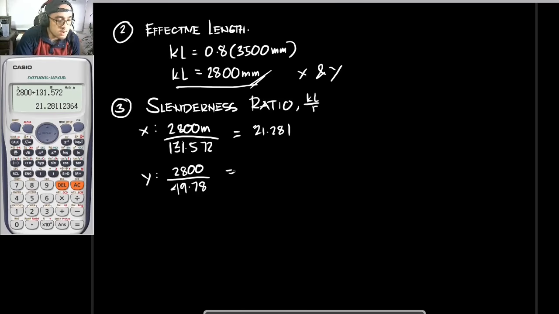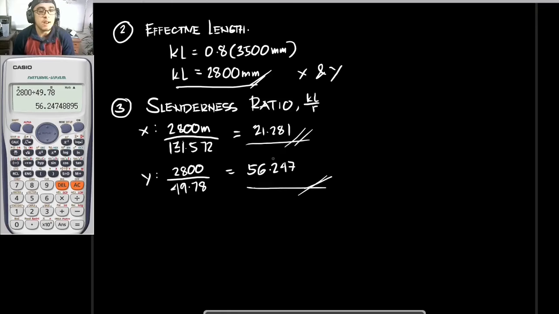So, this is to be 56.247. Okay, so this would be your slenderness ratios for both x and y axis.